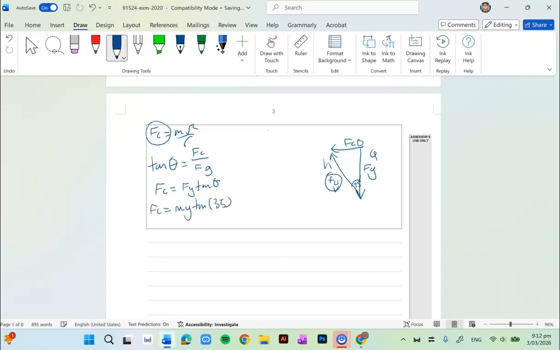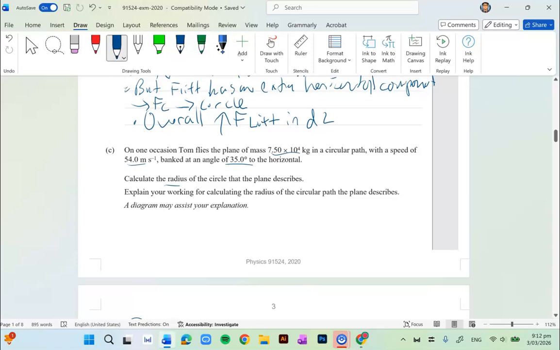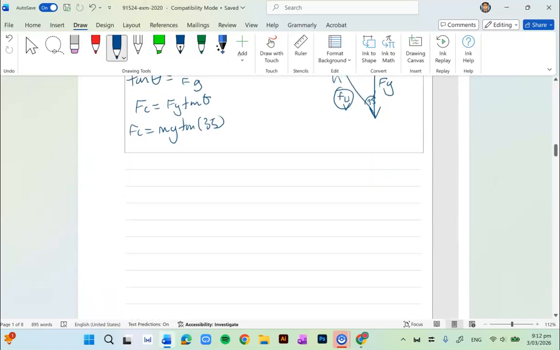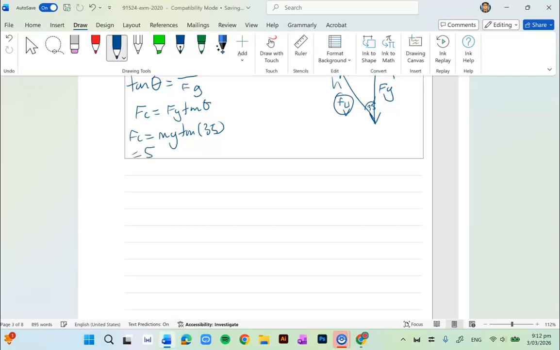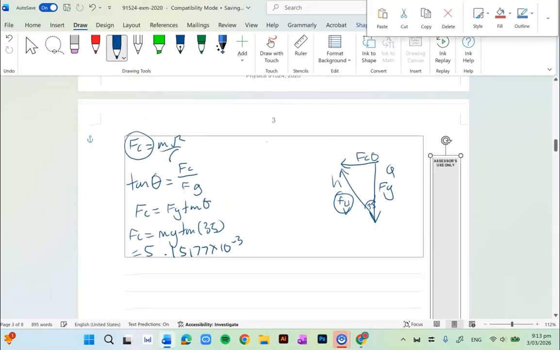So if I put that into my calculator, the mass is 7.5 times 10 to the negative 4 times 9.81 times tan 35. Alright, that gave me an answer of 5.15177 times 10 to the negative 3. Is that right? Oh well, whatever, we've got to keep going no matter what.